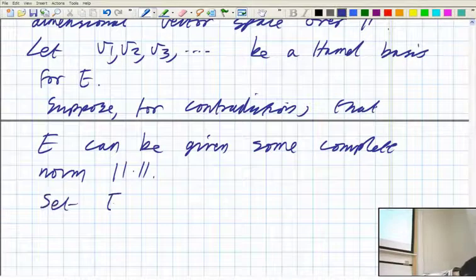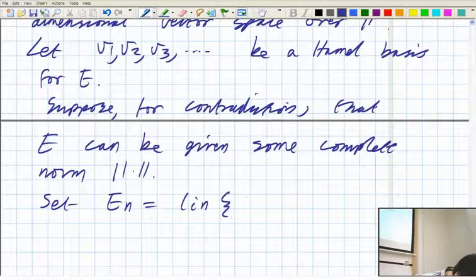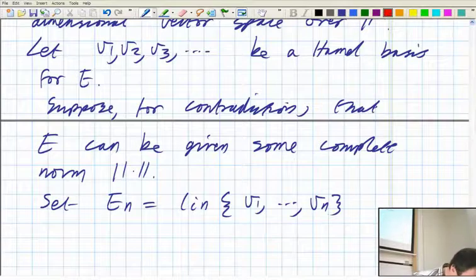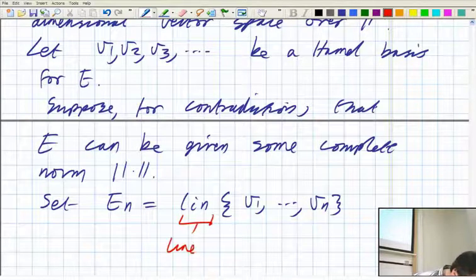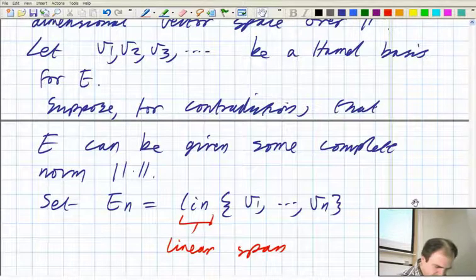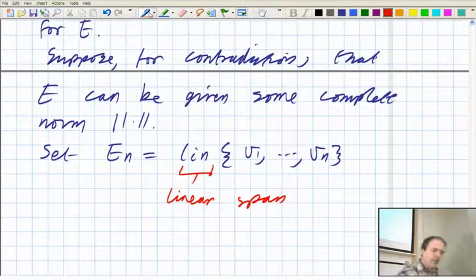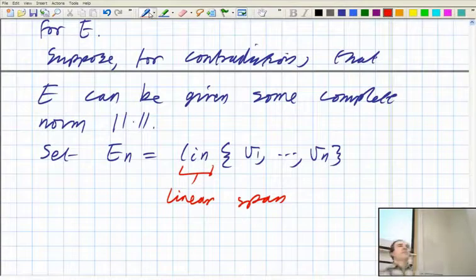Set En to be the linear span of the first n vectors in the Hamel basis. So this is for each natural number n, we take the linear span of the first few.